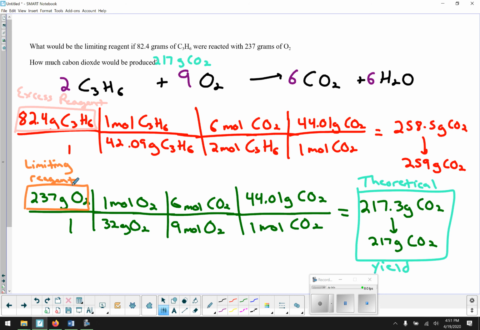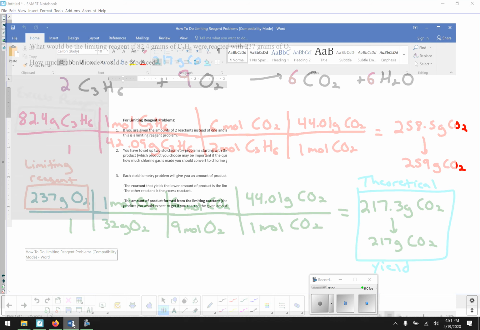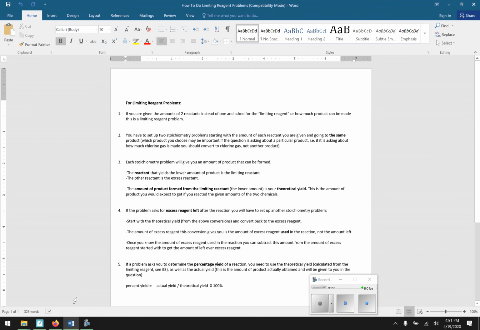So one last thing, I have included on the classroom page with the worksheet and with this video, this second part of a how to do stoichiometry page. It just tells you step by step how to do limiting reagent problems. Just so you know, up till now, we have gotten through step 3. Step 4 and 5 we'll talk about on Wednesday.